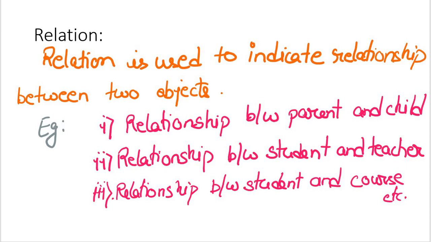But before going into relations, let's see some basic terms which we'll be using and on which our entire discussion of relation relies. So to start with, what we have is something called an ordered pair. We have already discussed ordered pairs in set theory, but let's formally take this discussion ahead.